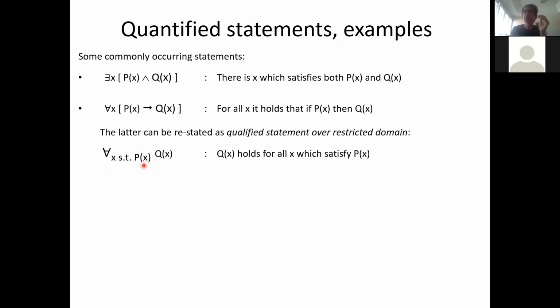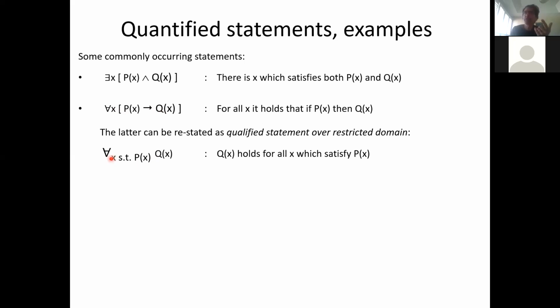And I'm saying Q holds for all of them. This is exactly stated here. For all x's in the top level domain, the unrestricted one, if they belong to the subdomain, those for which P holds, then Q holds for them. That's exactly what this says.